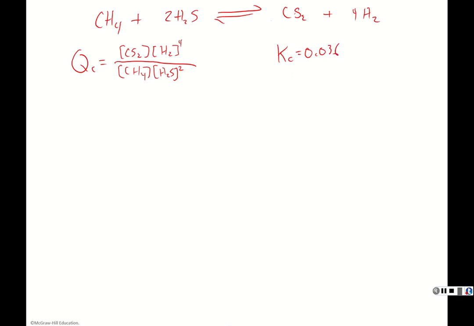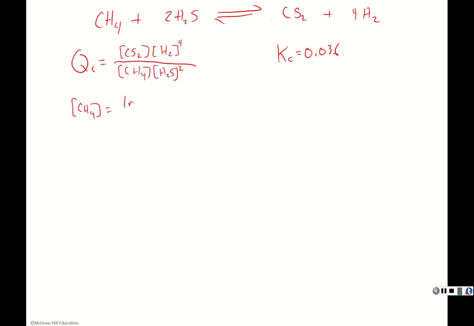And what we have to do is, before we can plug those concentrations in to determine our reaction quotient at the initial concentrations, we need to calculate those concentrations, right? So we're given a certain number of moles of all of these, and we're told it's in a 250 milliliter flask. Okay, so for methane, what concentration is that?